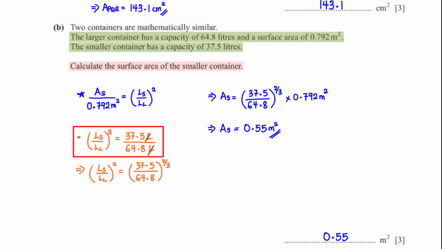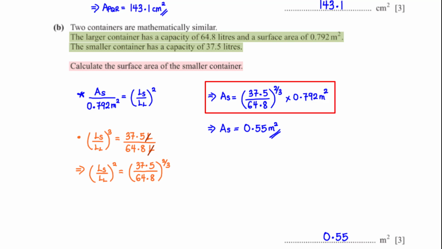Since we are interested in the square of the ratio of their sides, we take the power of 2/3 to both sides of the equation to get this. When we plug this into the original equation and make AS the subject, this is what we have. When we type this into the calculator, we get 0.55 meters squared.